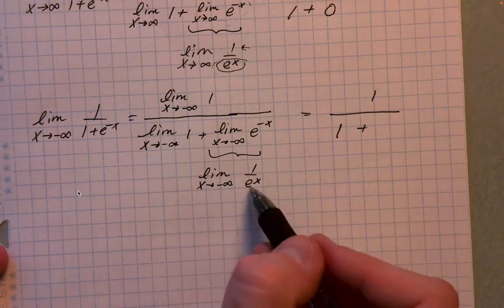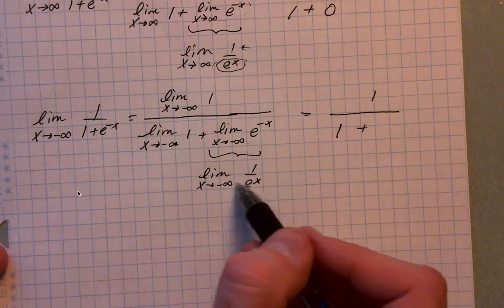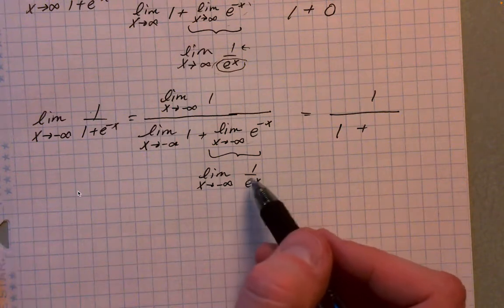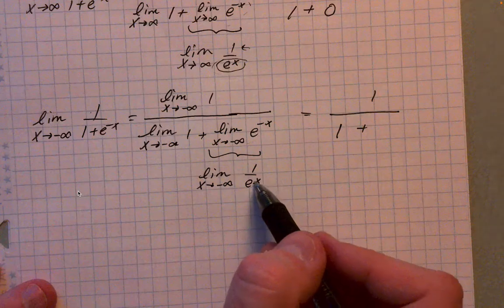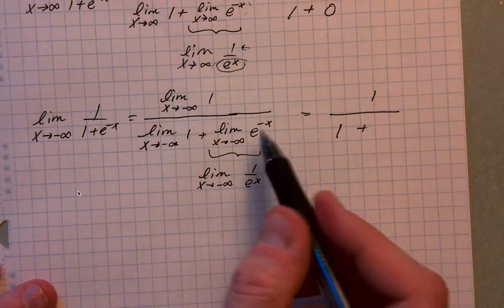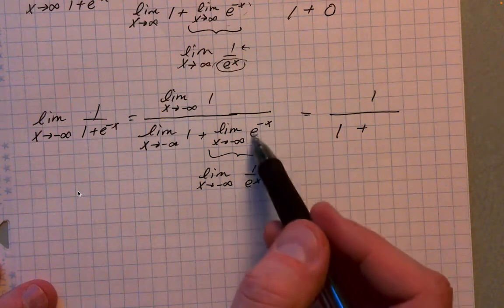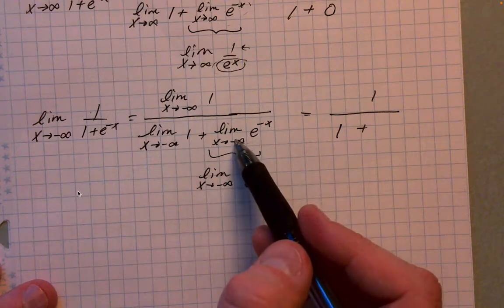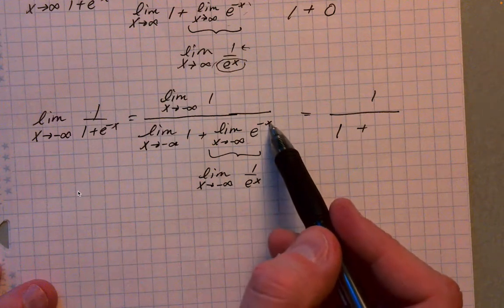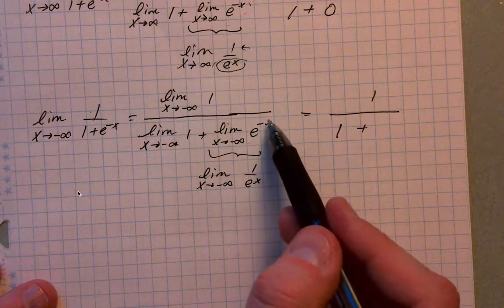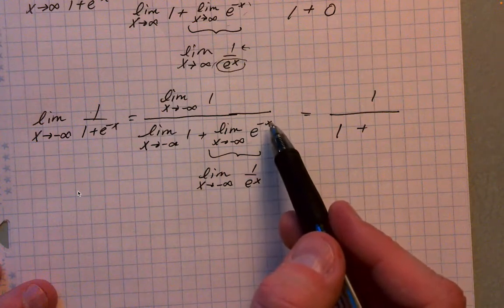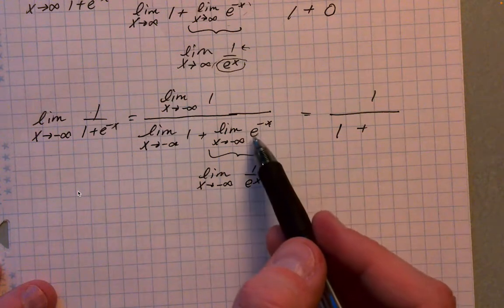So if I'm plugging negative values in here, what is going to happen? Well, in this case, it's probably easier to think about it like this. If I plug in a -2, for example, a -2 is a +2, so this becomes like e squared. If I plug in a -10, it's like e to the 10th power.